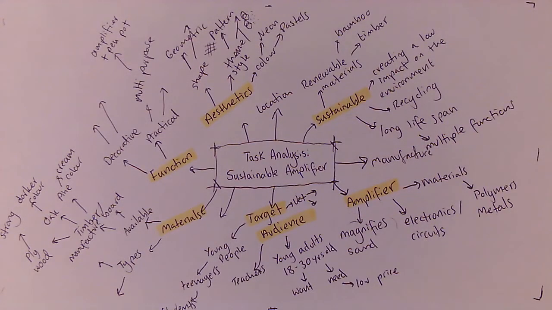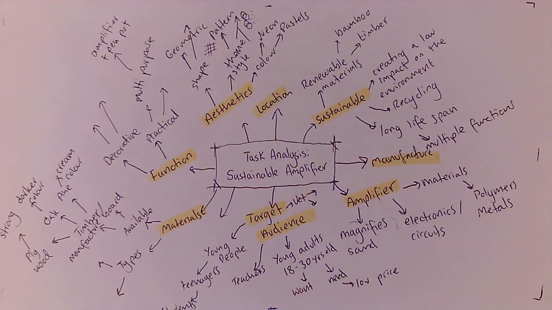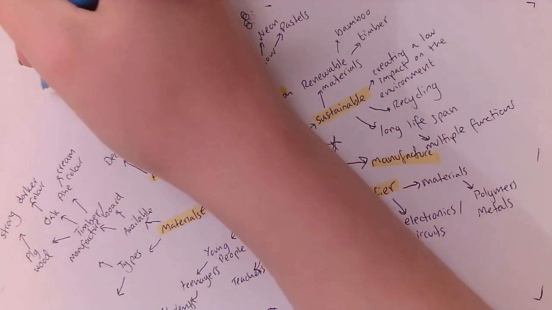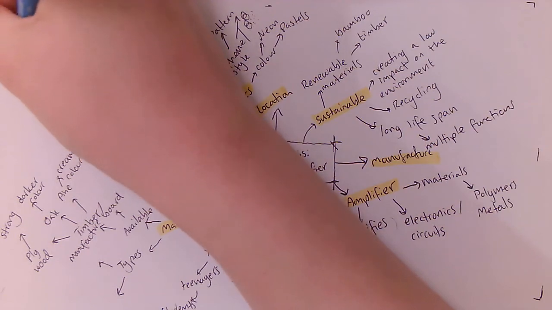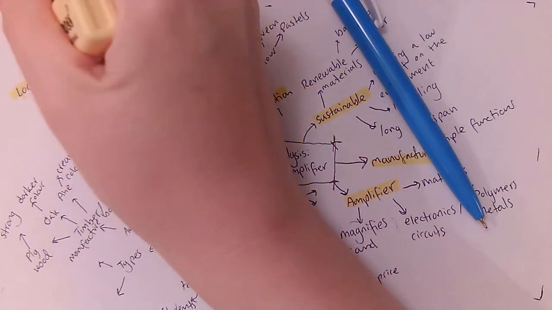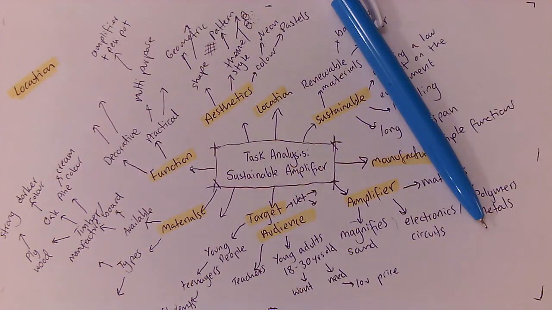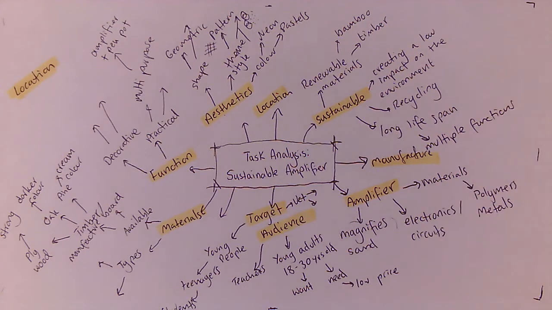As long as I use my highlighter to show that these are my subheadings, these are my main considerations. So for example, all the way over here, I'm going to write down randomly, I'm just going to write down location again, just to prove a point. And because I'm highlighting yellow, this shows that this is one of my key factors that I'm actually focusing on.